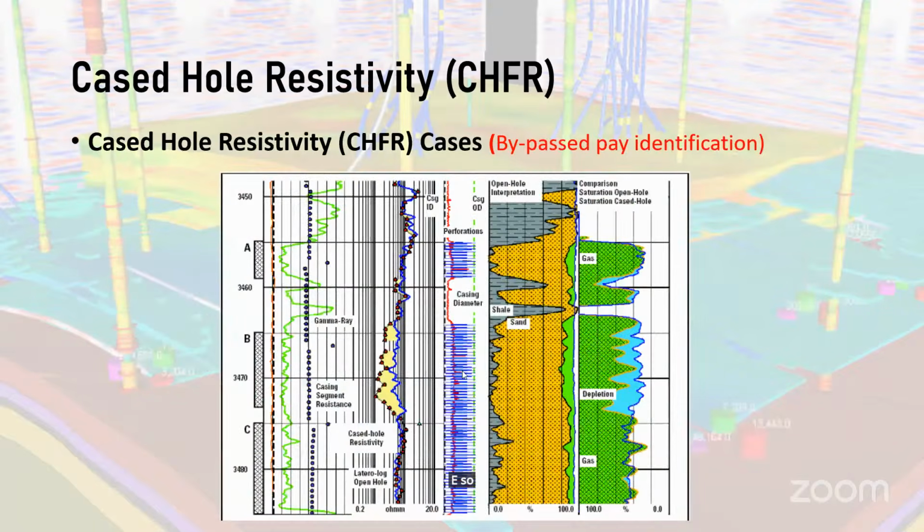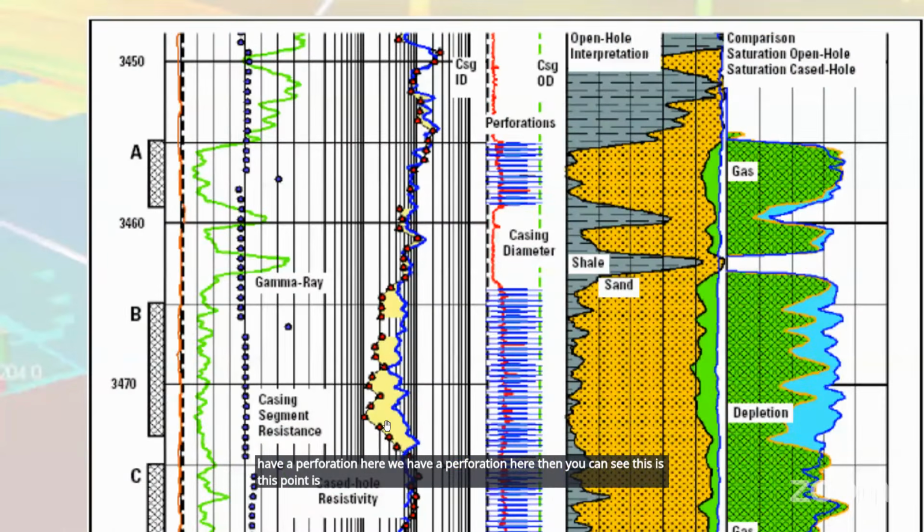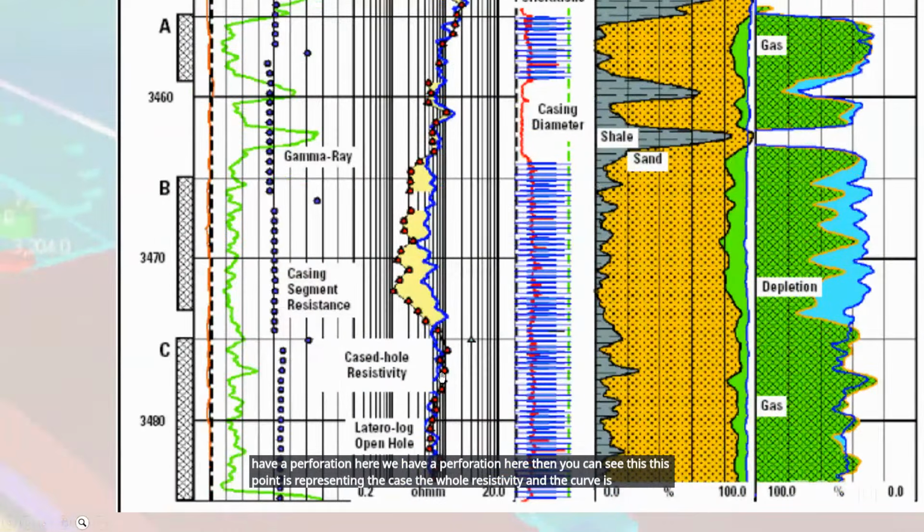So you can see this is an example. We have a perforation for this well, we have a perforation here, and here. Then you can see these points represent the cased hole resistivity, and the blue curve represents the initial resistivity.